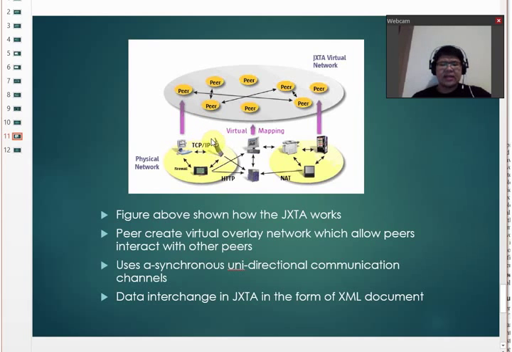Each resource is identified by a unique ID so that a peer can change its localization address while keeping a constant identification number. JXTA uses asynchronous unidirectional communication channels called pipes for sending or receiving messages. All the data interchange in JXTA is in the form of XML formatted documents.